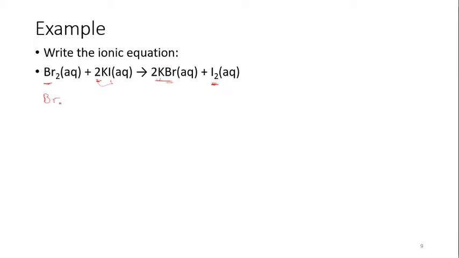If I try to write my ionic equation, I will not change the bromine, but I will write down the dissociated form of this part: potassium iodide is dissociated into potassium ions and iodide ions. This carries 1 negative charge, and that one carries positive charge. And on that part, the potassium also carries positive charge, and the bromide carries negative charge. This is an aqueous state plus iodine.